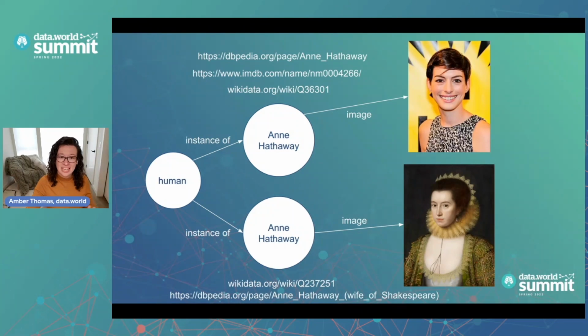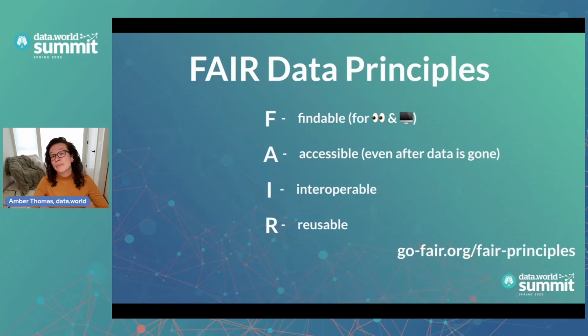Now, I mentioned at the beginning that 5-star open data is only one way to think about this. Another very common way to assess how open data might be, people refer to it as FAIR. How FAIR the data is using FAIR data principles. And that refers to how findable, accessible, interoperable, and reusable it is. And this carries a lot of the same ideas as the 5-star open data.